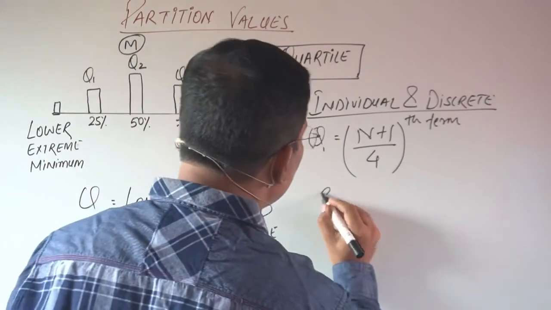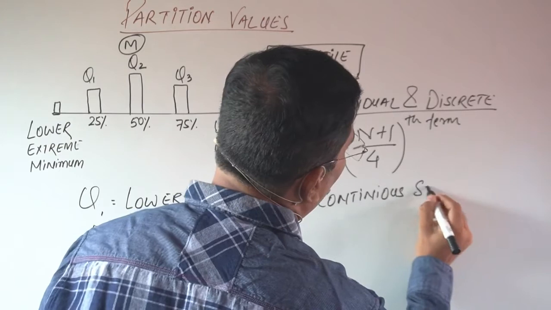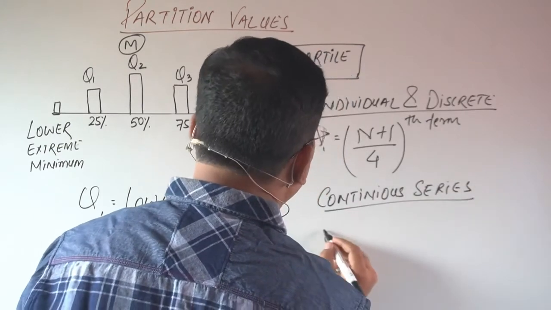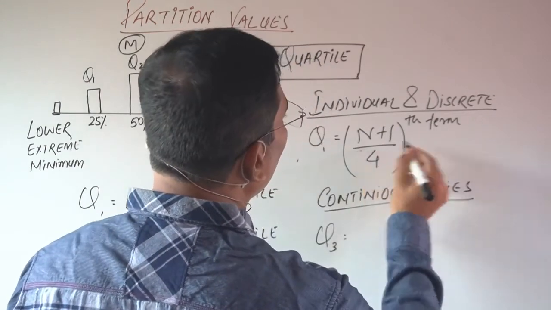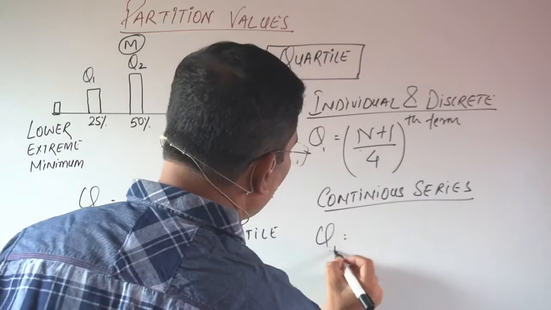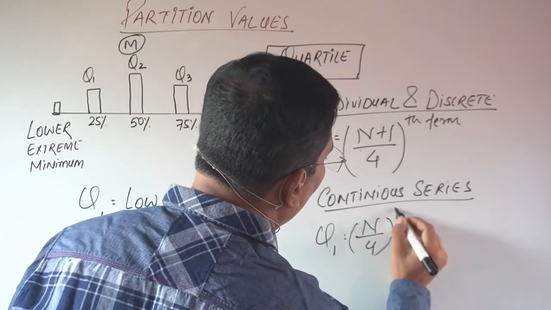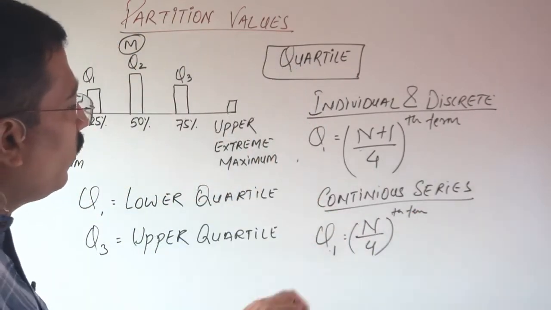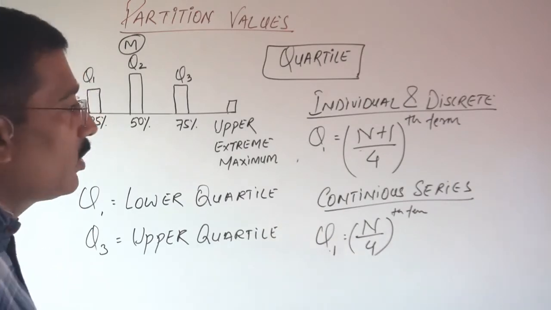And in continuous series, the formula for Q1 is n upon 4, the fourth term. Clear? This is the formula of Q1 in individual and discrete series, and in continuous series Q1 is equal to n upon 4.